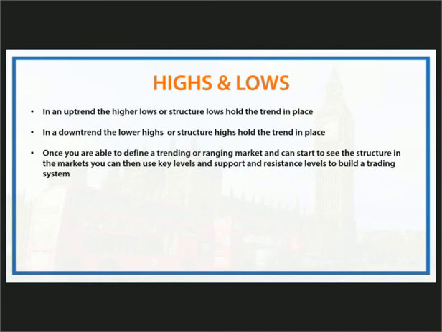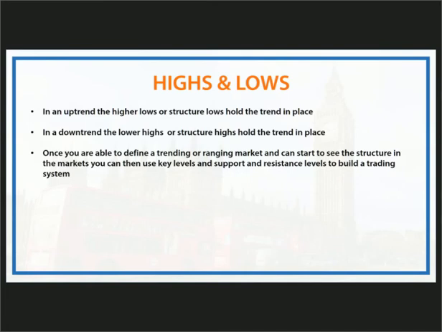You see, in an uptrend, it's the higher lows or the structure lows that hold the trend in place. In a downtrend, it's the lower highs or the structure highs, you can refer to them as both, that hold the trend in place. Because if you think about it, an uptrend is a series of higher highs and higher lows.